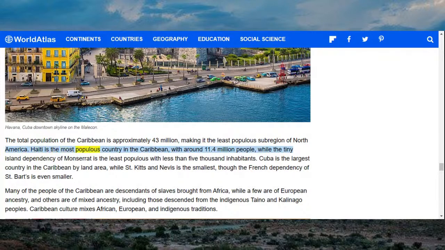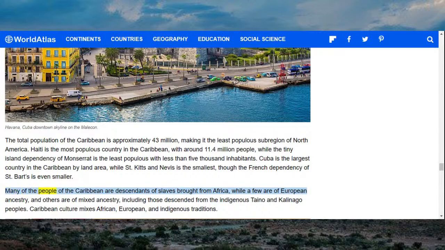Haiti is the most populous country in the Caribbean, with around 11.4 million people, while the tiny island dependency of Montserrat is the least populous, with less than 5,000 inhabitants. Cuba is the largest country in the Caribbean by land area, while St. Kitts and Nevis is the smallest, though the French dependency of St. Bart's is even smaller.